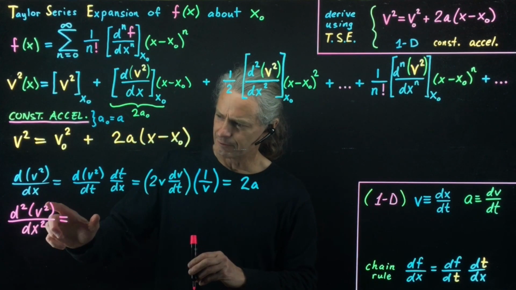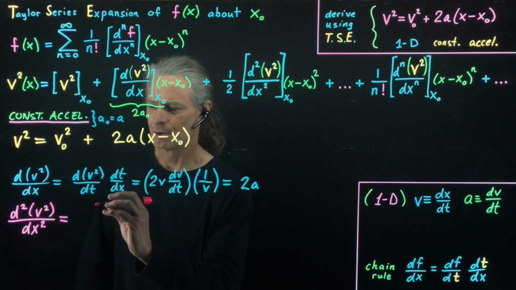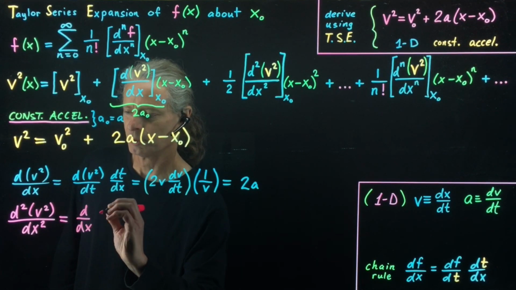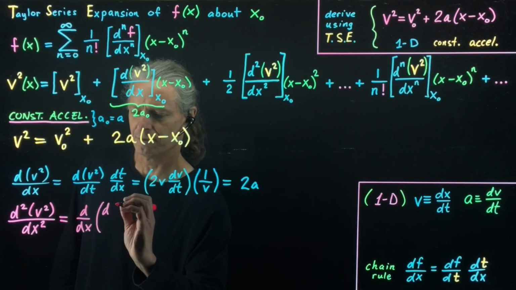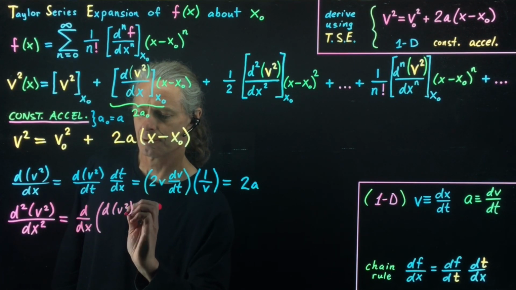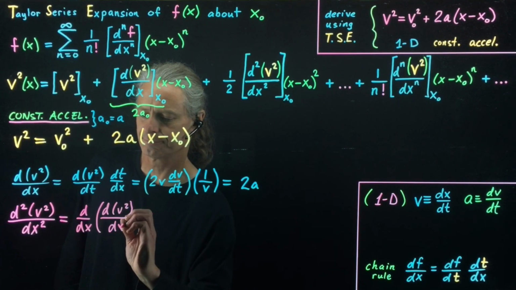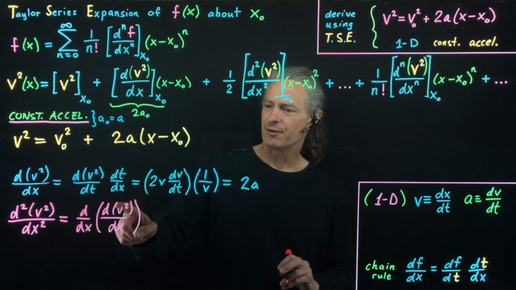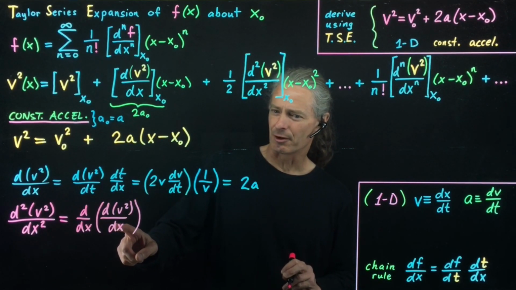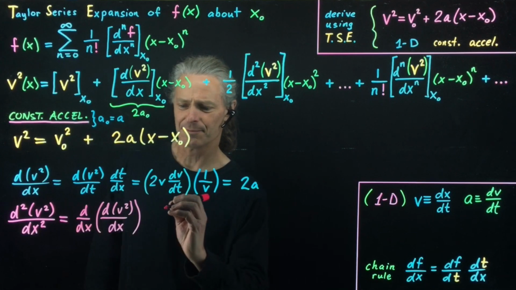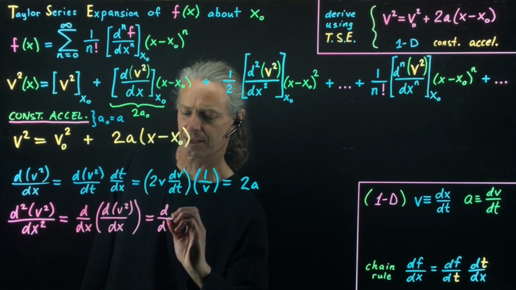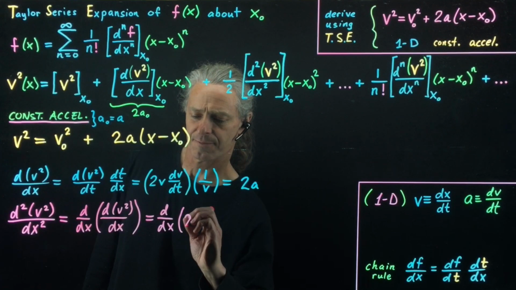The second derivative of v squared with respect to x will just be the derivative with respect to x of the derivative of v squared with respect to x. Now, the derivative of v squared with respect to x, we've already worked through that. That's 2a. All right, so I've got the derivative with respect to x of 2a.